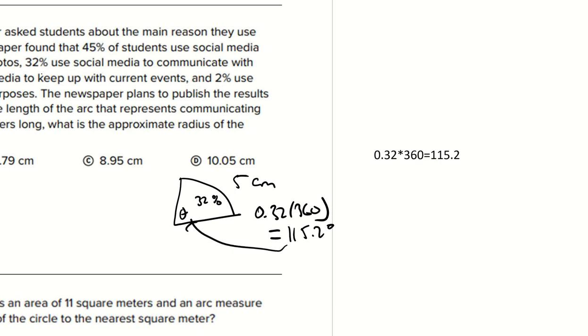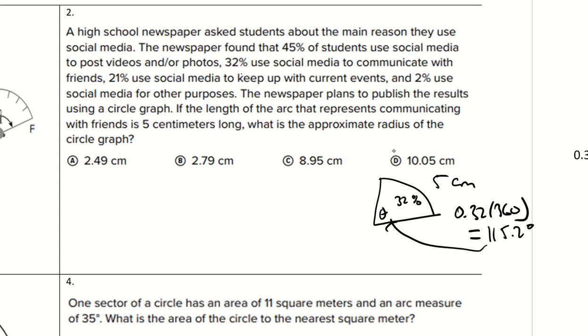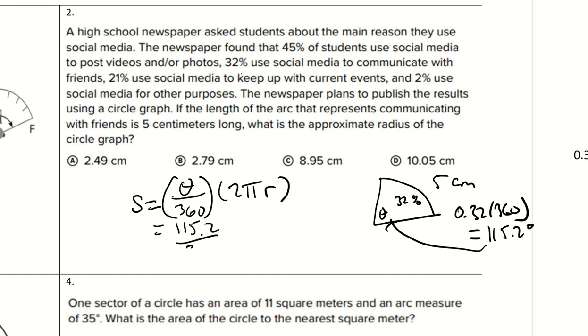So that's what that angle is. The arc length, if you remember that formula, is equal to the angle over 360 times 2 pi r. Now the angle over 360 is 115.2 over 360, and then 2 pi times the radius.